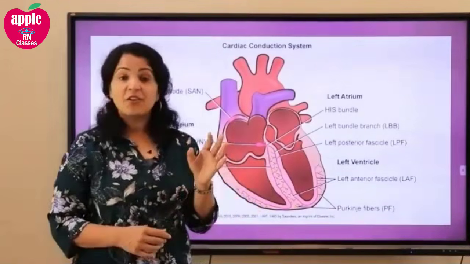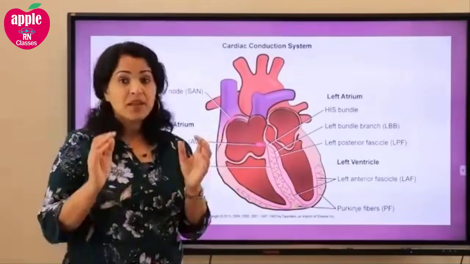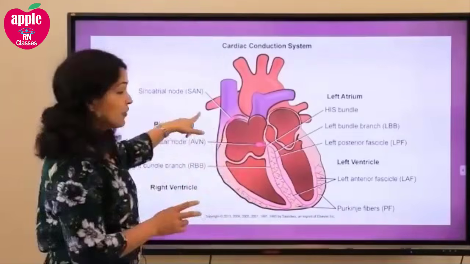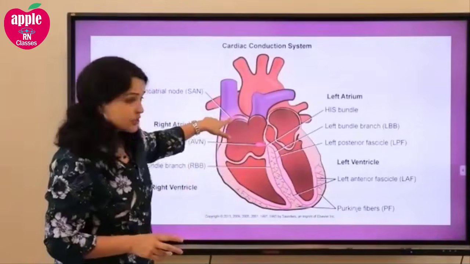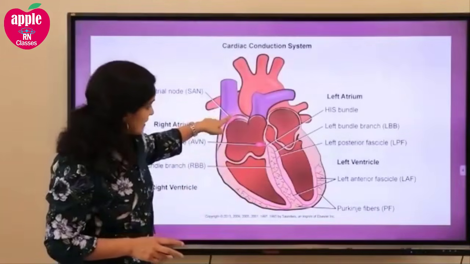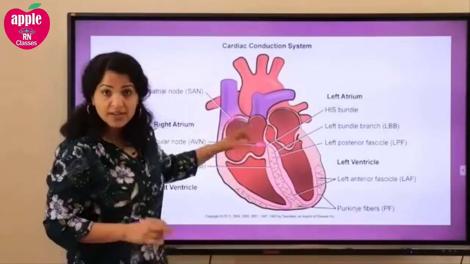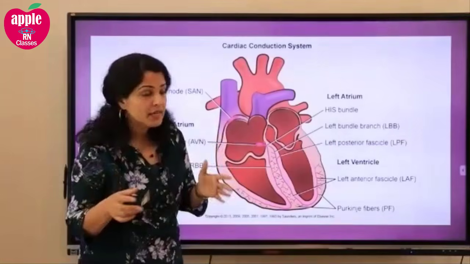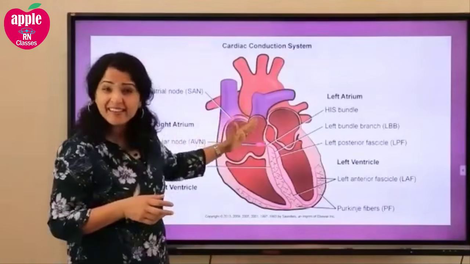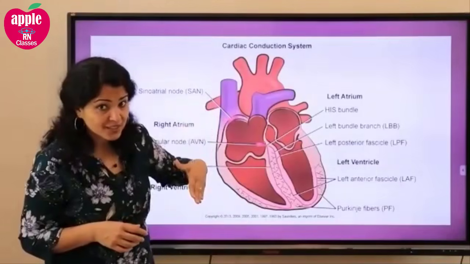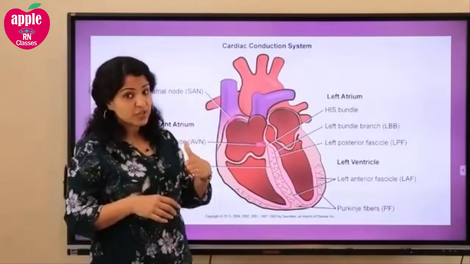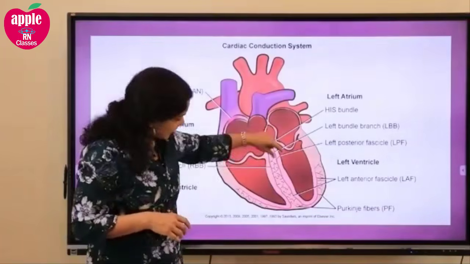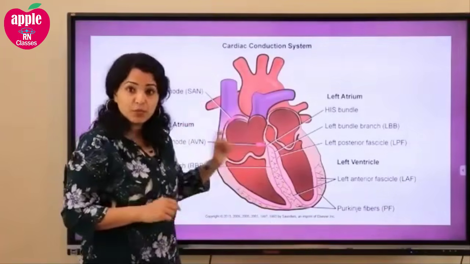The SA node is the natural pacemaker, situated in the right atrium. Then the impulse comes to the AV node, which is called the gatekeeper, right before the electrical impulses go to the ventricle. From the AV node, there is the bundle of His, then two branches, and then the Purkinje fibers.